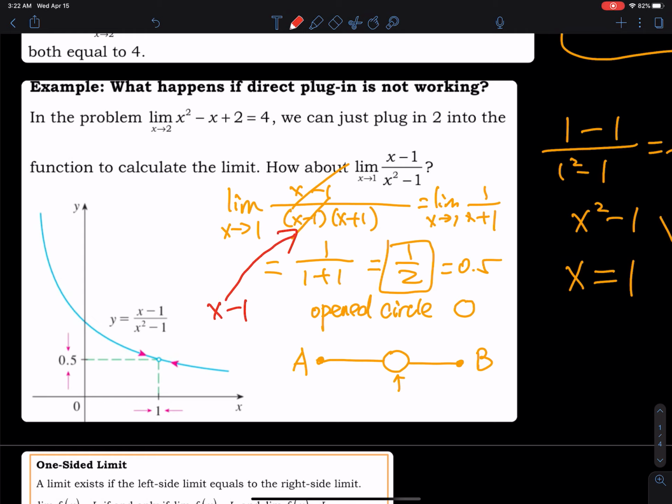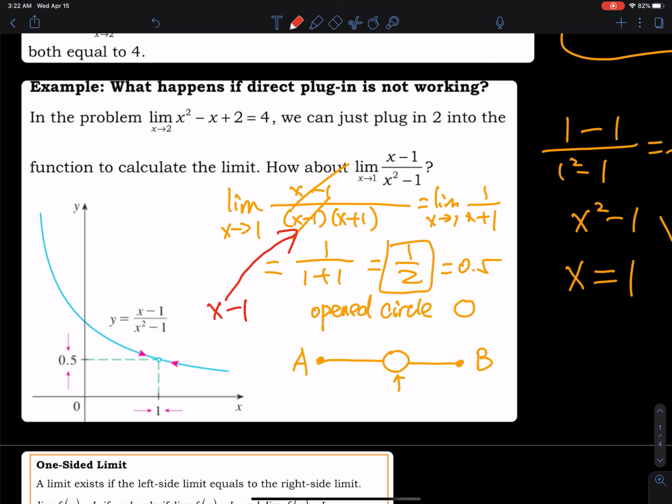Therefore, there is an open circle in here. What if we are unable to remove the x minus 1? Then when you look at the graph, x equals 1 will be a vertical asymptote. If you can do the algebra to get rid of the x minus 1, then it is an open circle at x equals 1.